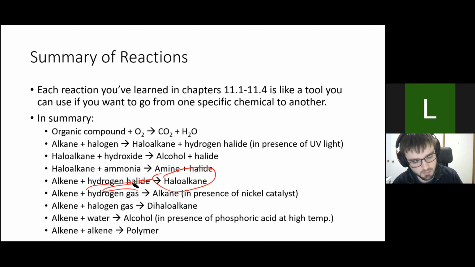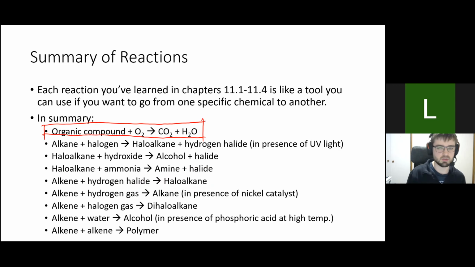So just to go through them quickly in order, we've got combustion, which is kind of its own thing. I've listed it up here for completeness and because it's basically the one consistent reaction between organic compounds, but you're not really going to see this come up in a reaction pathway, because if you burn something, you can't do anything with it anymore.